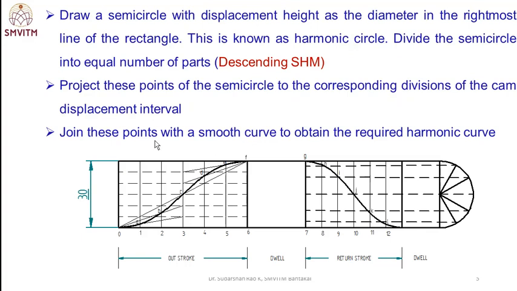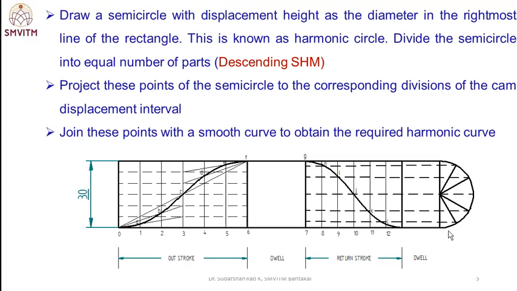Next, the descending is SHM. Draw a semicircle with the displacement height as diameter on the rightmost line of the rectangle. This is the harmonic circle; divide the semicircle into 6 equal parts, that is 30 degree each.